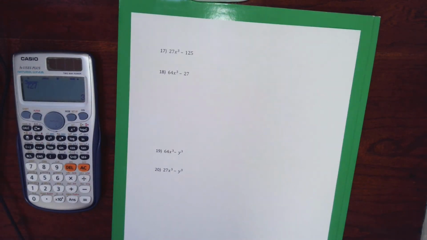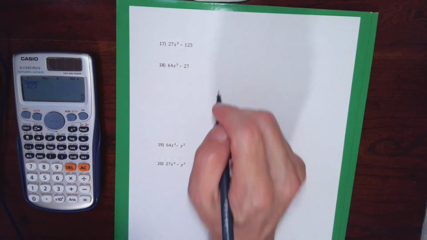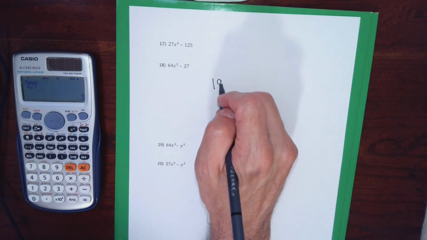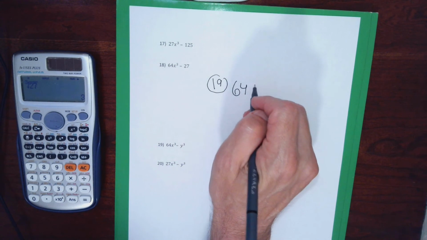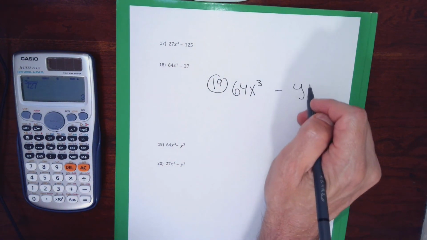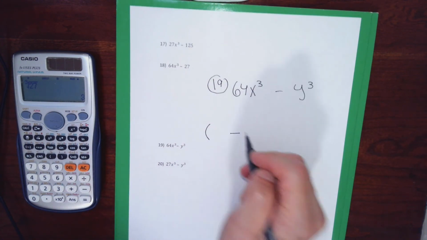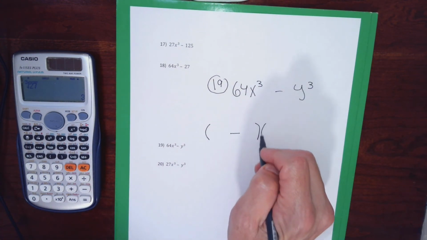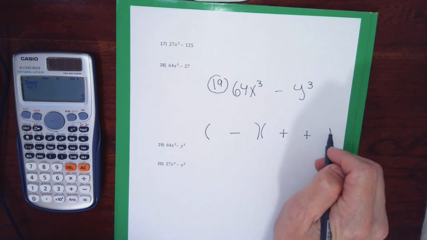Again, I'll steal some of your homework. I don't want to overwhelm you with homework, so let's do 19. So 19, signs are going to be keep the sign, flip the sign, plus.